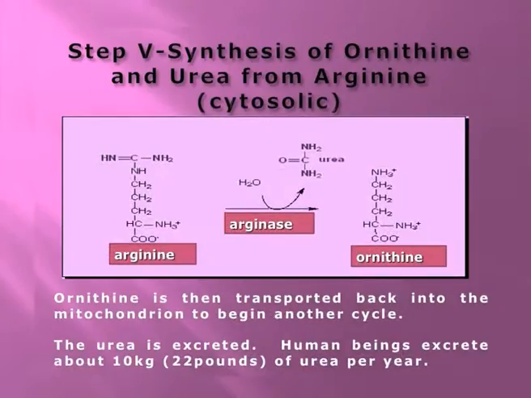And in the last step of the urea cycle, there occurs formation of ornithine and urea from arginine. The enzyme catalyzing the reaction is arginase. Ornithine, after its formation, enters the mitochondrial matrix to begin another round of the urea cycle.